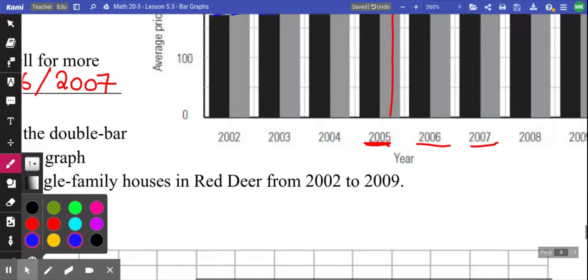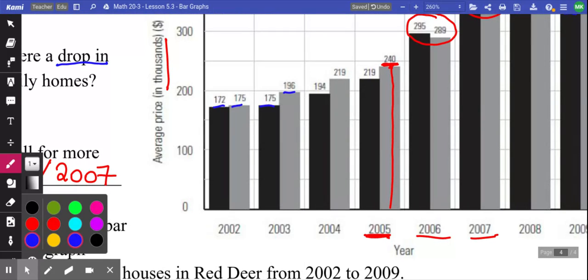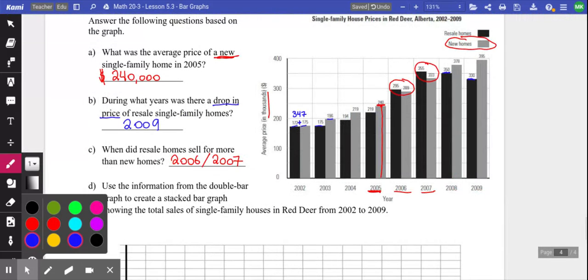So for instance, for 2002, I would want to add these two values to become 347. And then I need to stack them on top of each other so they get all the way up to 347. To make my chart, remember, we always want to find the biggest value we're going to go to.